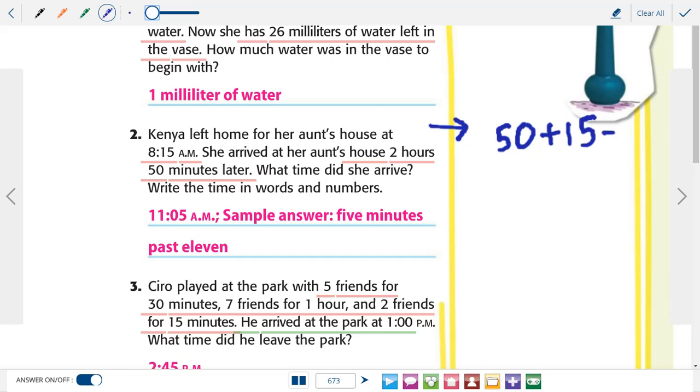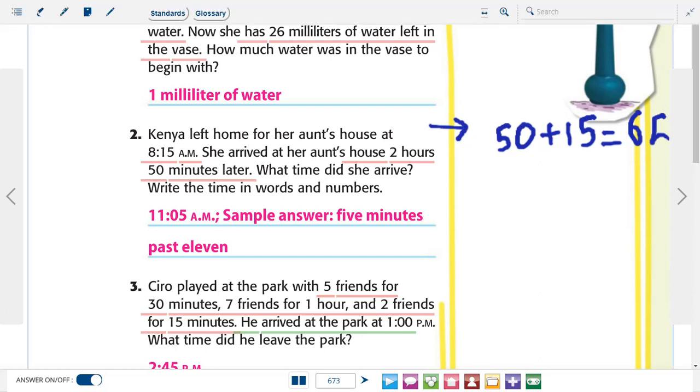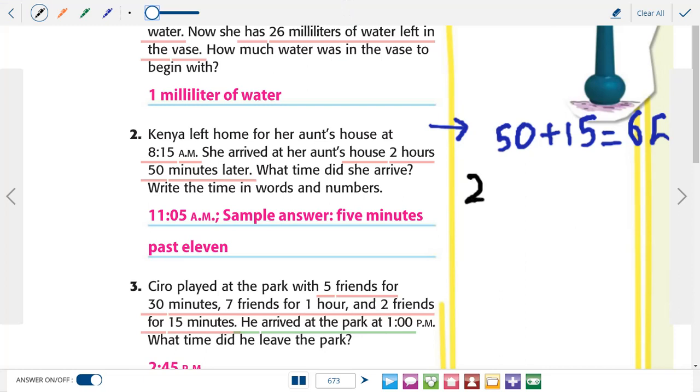This equals 65. We know that 60 minutes means an hour. Then when we finish this, we added 2 hours and 1 hour from here, which was the 60 minutes.